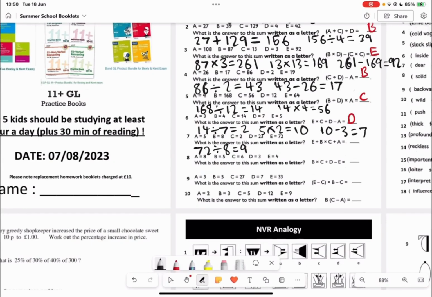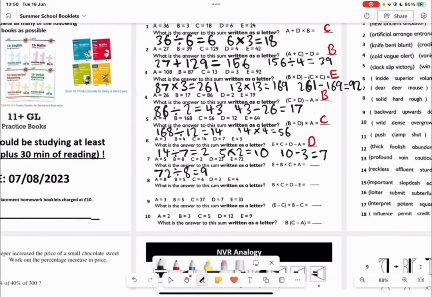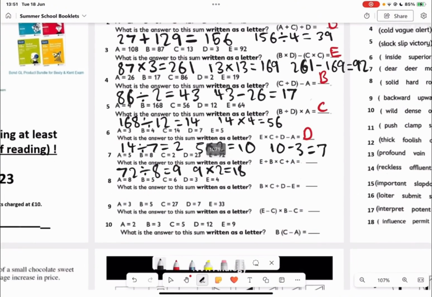So then we take our value from there, and then we follow the multiplication, so we do 9 times 2, which is 18, and then we do 18 plus A, so 18 plus 5 is equal to 23. So that means that the answer to question 7 is D.